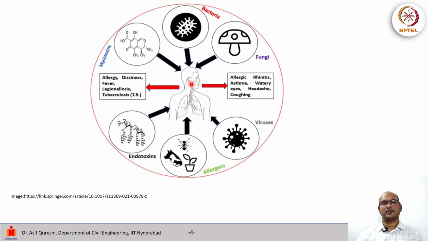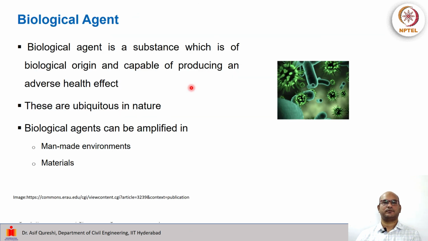And sometimes we will be okay. Sometimes if we have acute exposure, we may inhale some particularly dangerous virus, then we get infected very quickly. And sometimes these exposures are chronic in that we are exposed to a low dose but over a long time, and will develop health effects over the long term. So all kinds of exposures are possible, and these are some of the health impacts that may be possible.